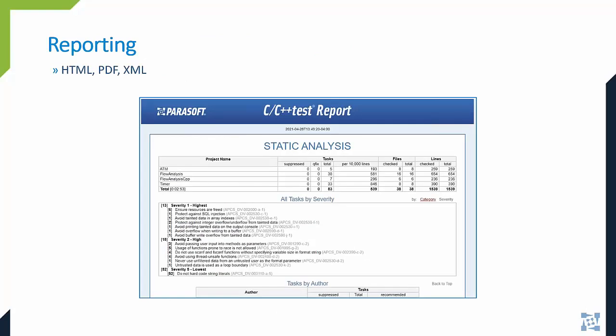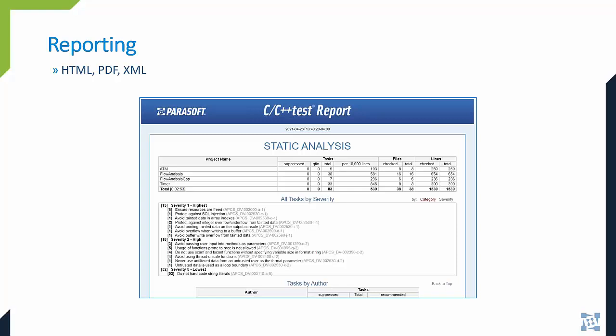And so at the end of that, what are you going to get, right? Okay, I run a scan, that's great. I should be getting some type of reporting. And what you will get is reporting in the form of any and all of these things: HTML. If it's HTML, then what you're seeing here will be interactive. It's an HTML report, so you'll be able to click on things and sort things and dive in a little deeper in terms of details.